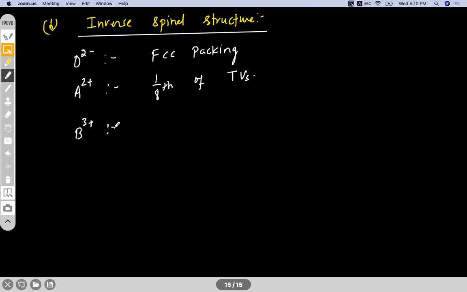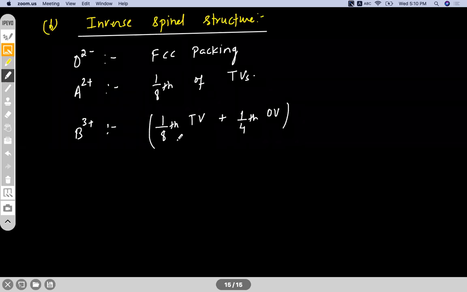It is present in 1 by 8 of TVs plus 1 by 4 of OVs, which means this trivalent ion is present in both tetrahedral and octahedral voids. If you copy this down, one sec.